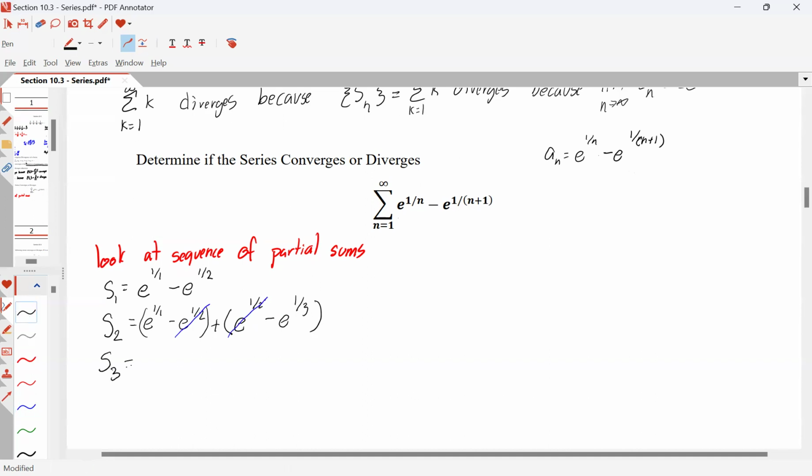S sub 3 is e to the 1 over 1 minus e to the 1 over 2 plus e to the 1 over 2 minus e to the 1 over 3, plus, now the third term, which is plugging 3 into our sequence, e to the 1 over 3 minus e to the 1 over 4. More things cancel.